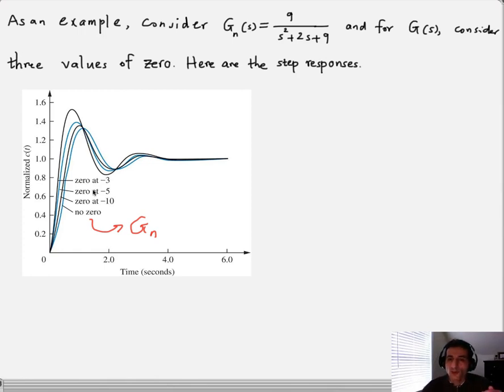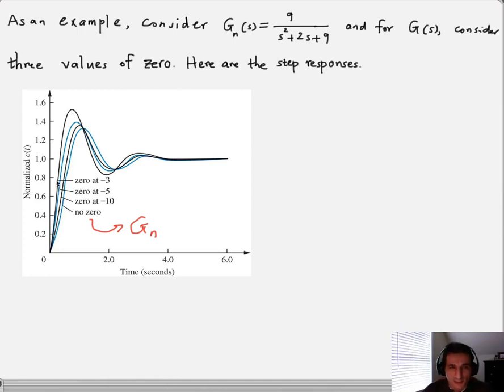And if you come closer to the j omega axis, meaning that the value of the 0 decreases, then the contribution of the 0 becomes much more significant in the step response of the system.